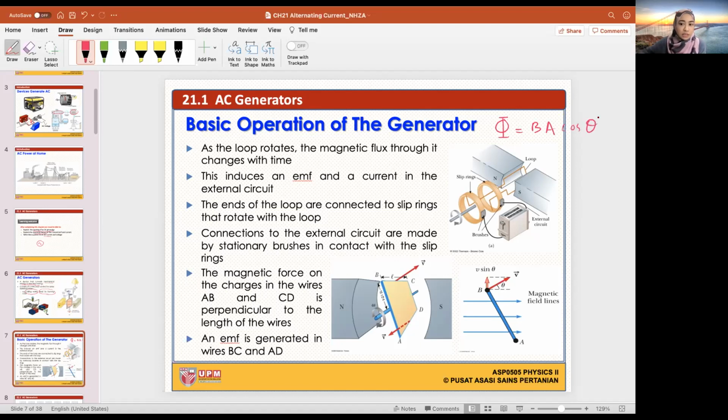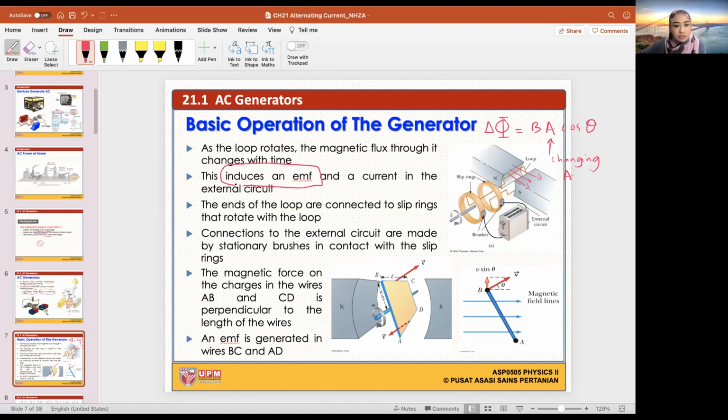We have a magnetic field, right? This is our B. When the loop rotates, you are changing the A that is interacting with B. When you have a change in A, you have a change in your magnetic flux. When you have a change in magnetic flux, you will get induced EMF.